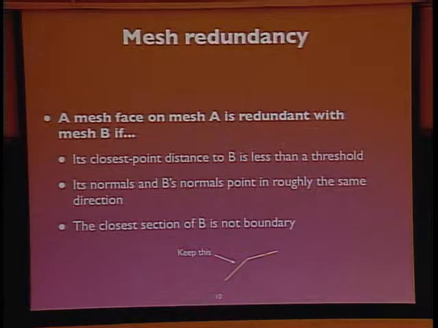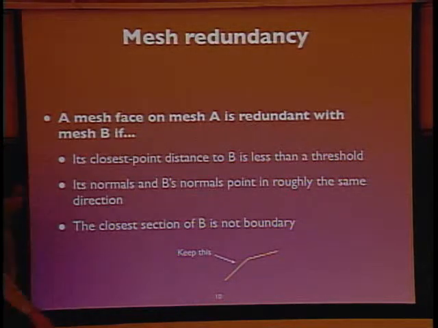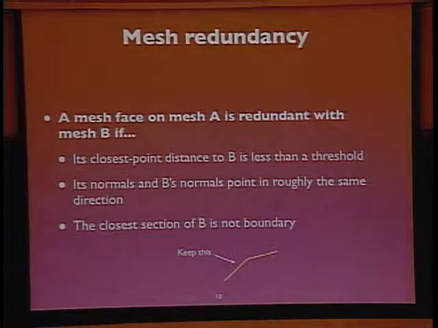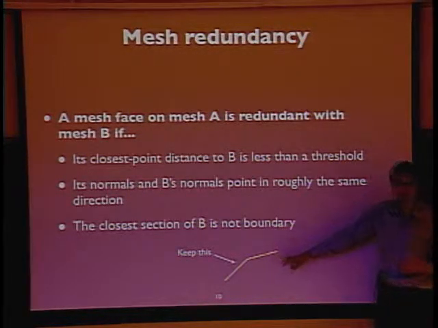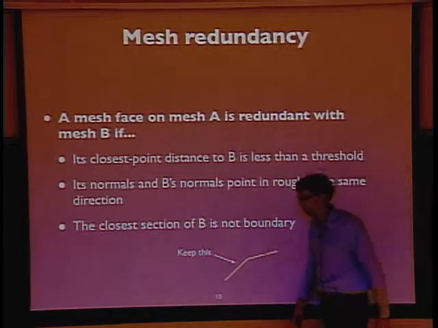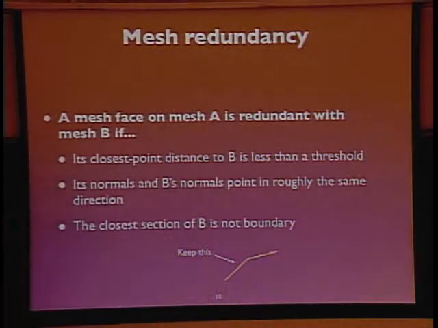So let's see how to determine whether a mesh face or one of those segments is redundant or not. One thing you can do is say, well, if a particular face on one of my segments or partitions has a closest point distance to one of the other segments that's very, very low, in other words, if this one is proximal to one of my other segments of mesh data, then I will assume that that is redundant.